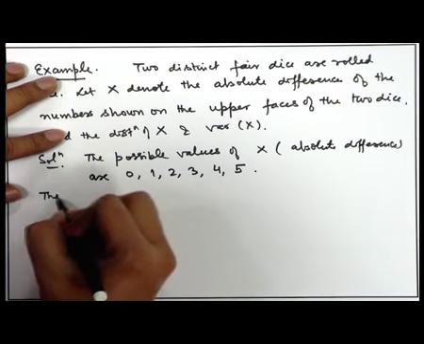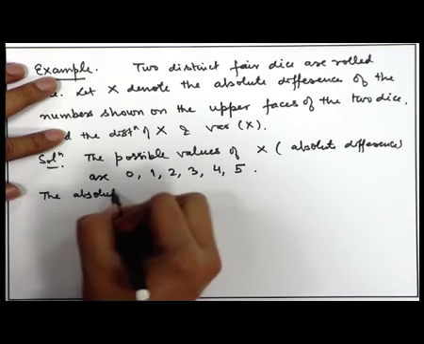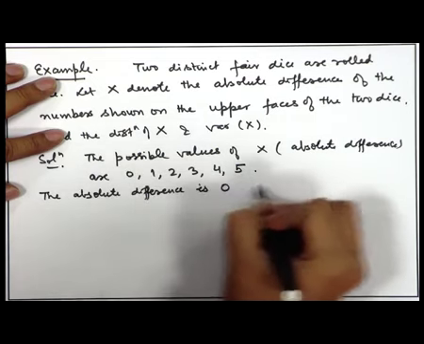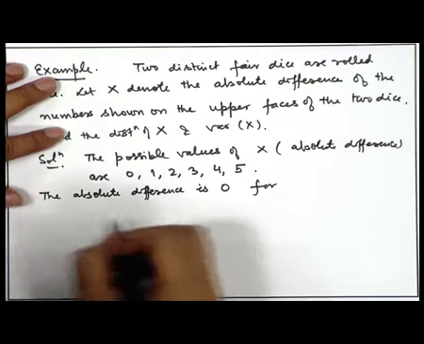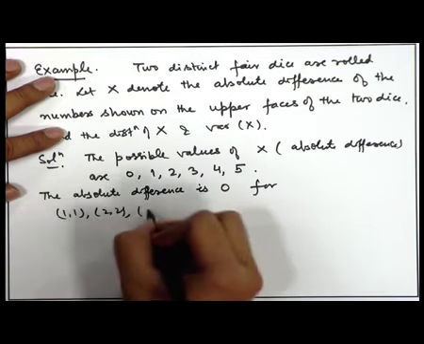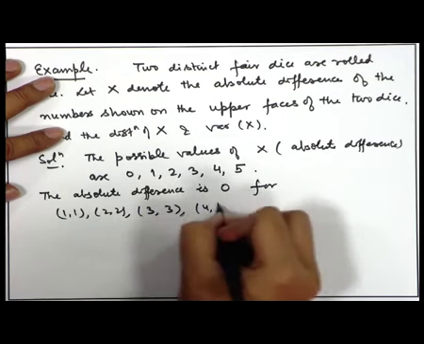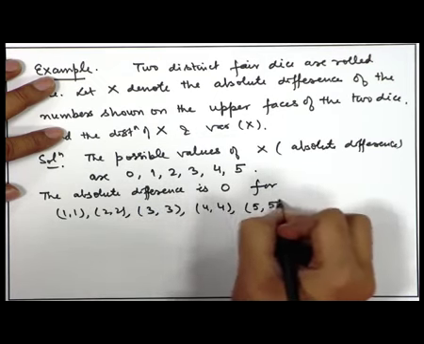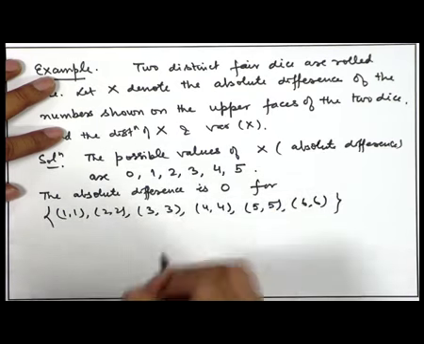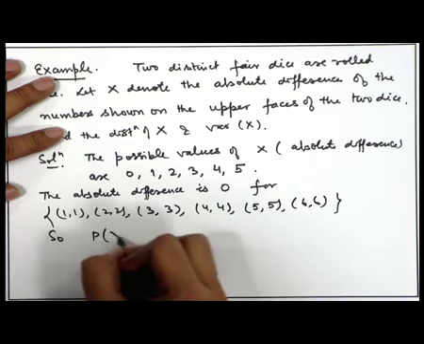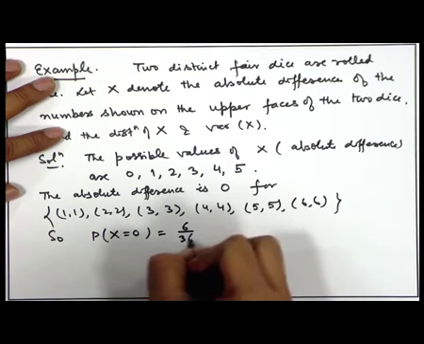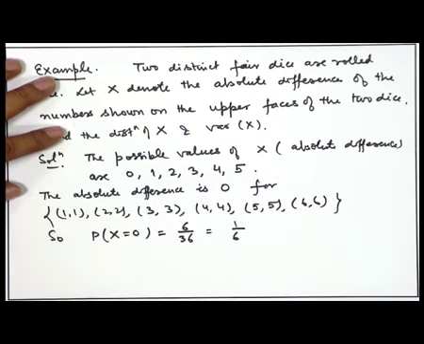The absolute difference is 0 for 1 1, 2 2, 3 3, 4 4, 5 5 and 6 6. There are a total of 6 cases. So, what is the probability that x equal to 0? It becomes 6 by 36, that is 1 by 6.